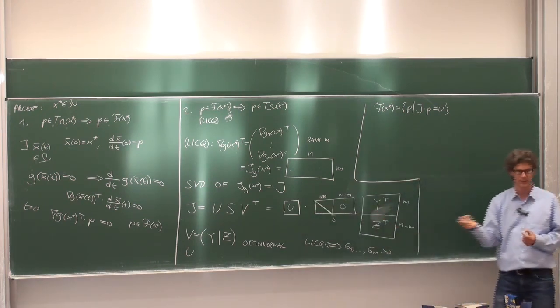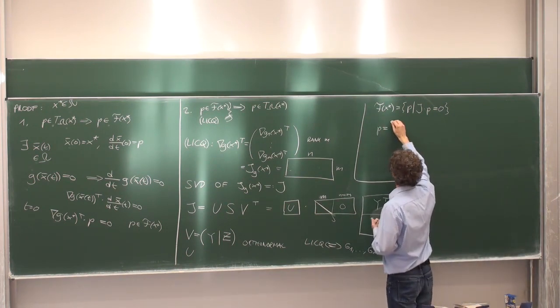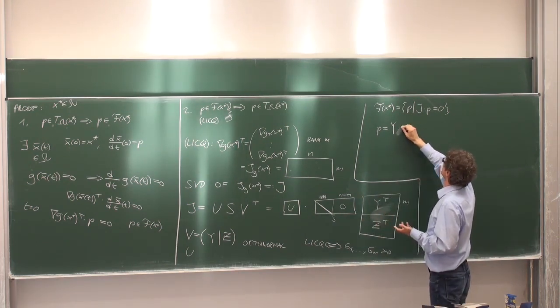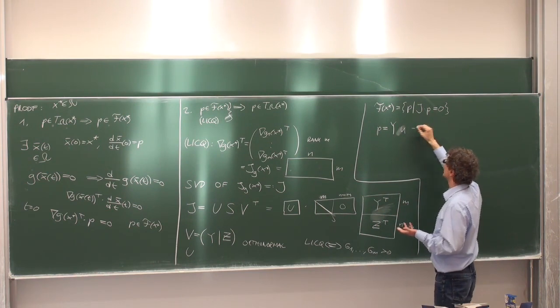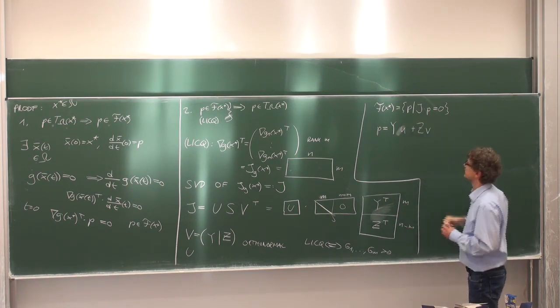So whenever you have something, you could say p is equal to Y times, maybe I call it little u, plus Z times little v.